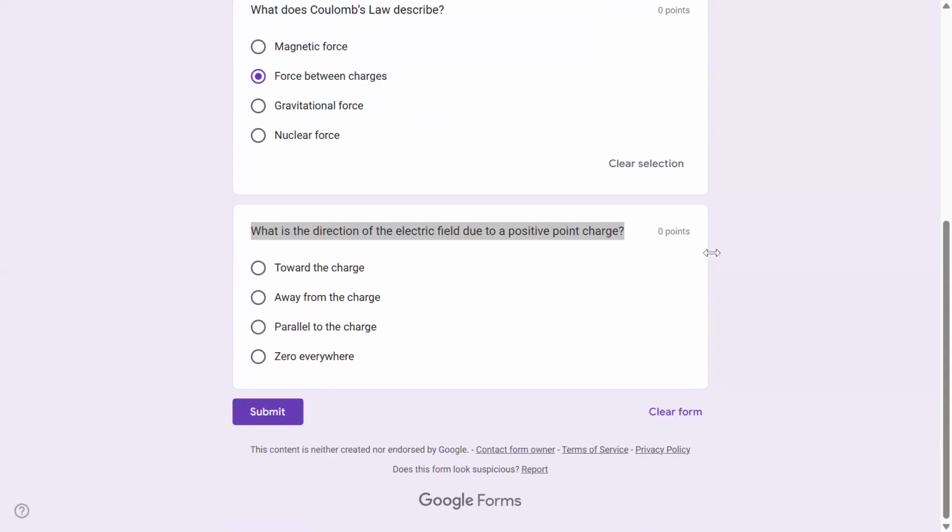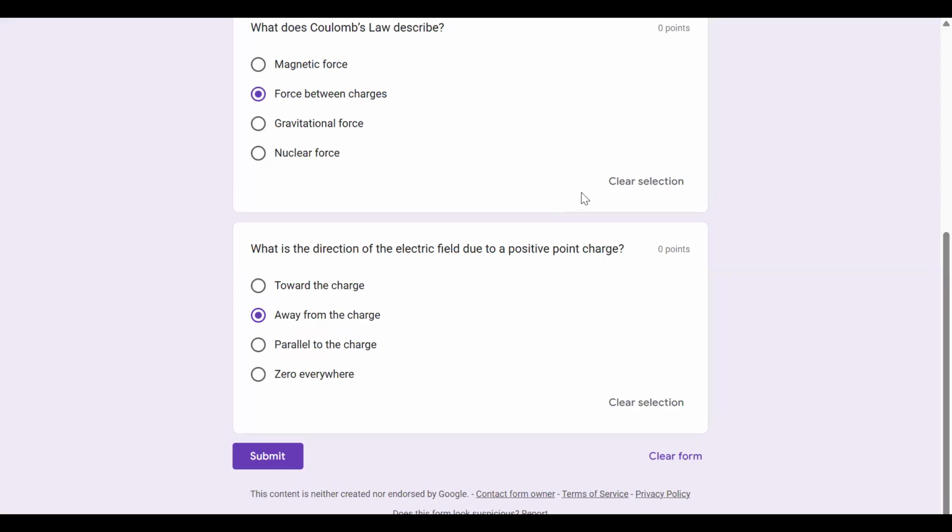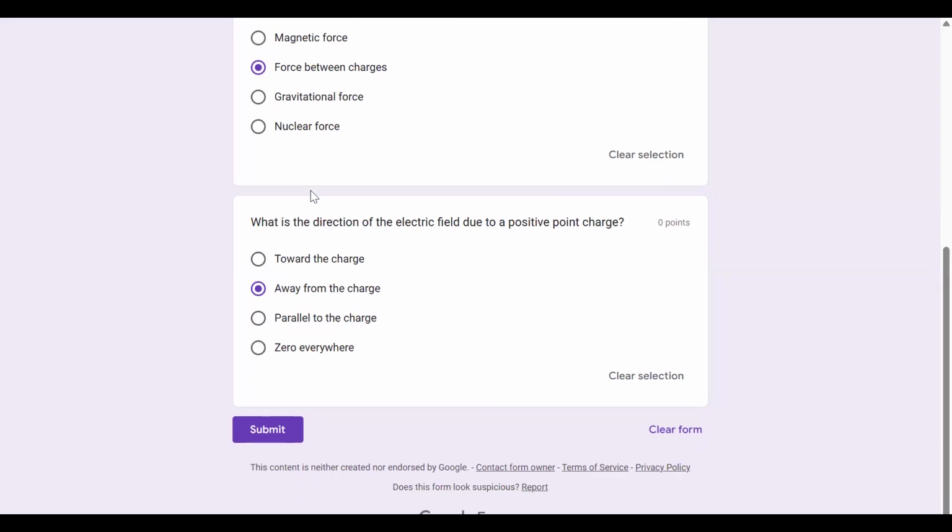For a positive point charge, electric field is always directed away from the charge. But in terms of negative charge, the direction of electric field is always towards the charge. So we can choose option 2 here.